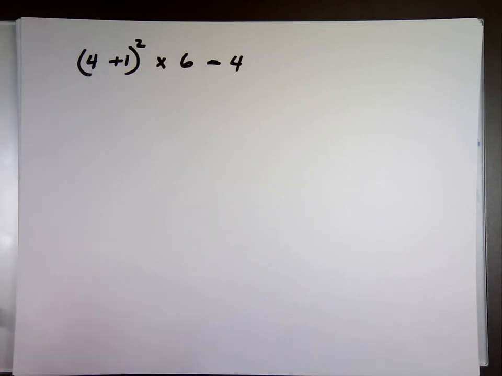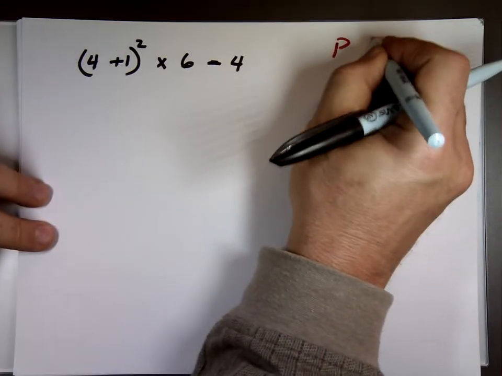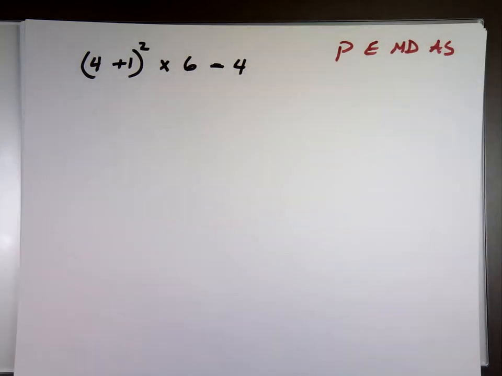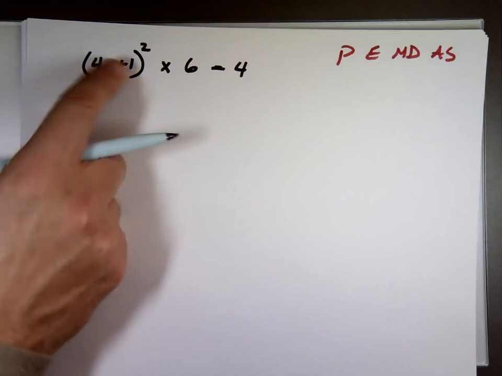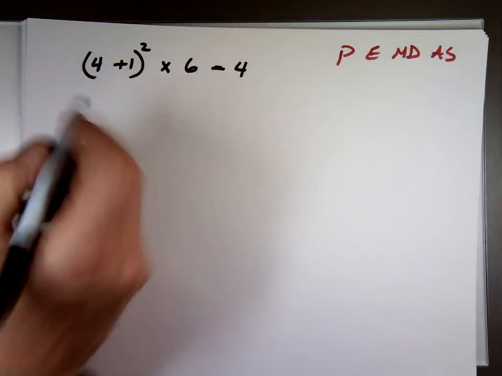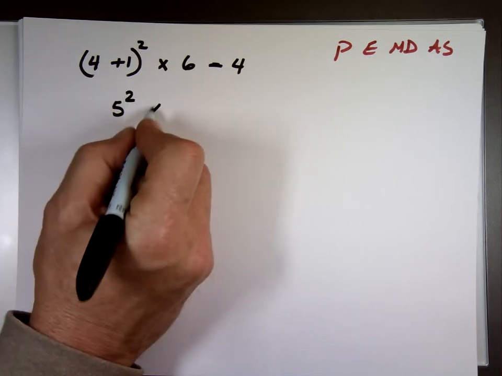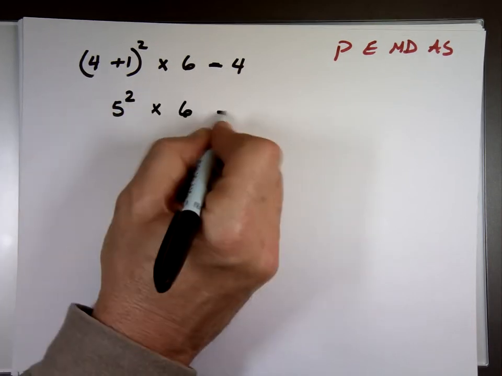Again, PEMDAS. Do what's inside the parentheses first. 4 plus 1. This will be 5 squared times the 6 minus the 4.